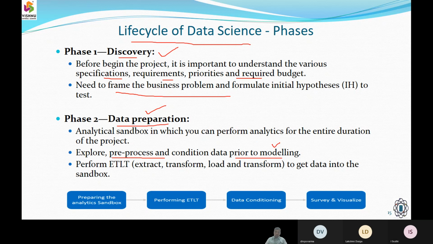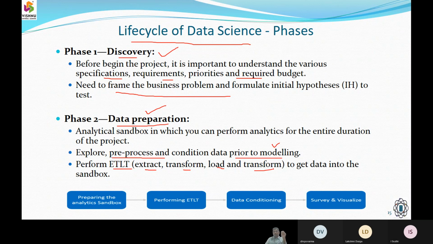So how can I do all that? You can do all that with what we are going to call ETLT. Here we call it ET and LT: extraction, transformation, loading, and then transformation again.